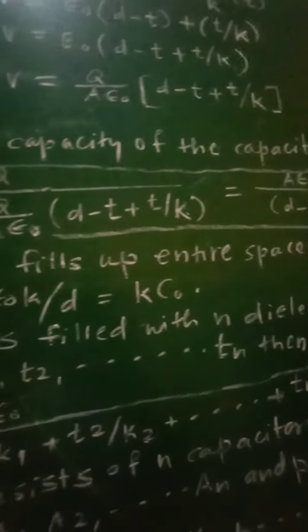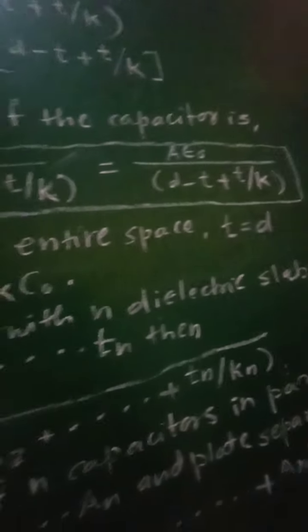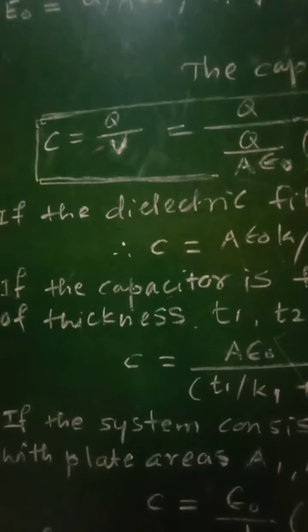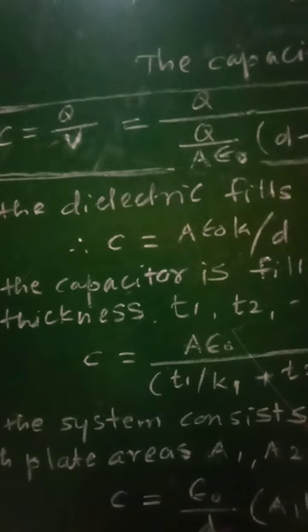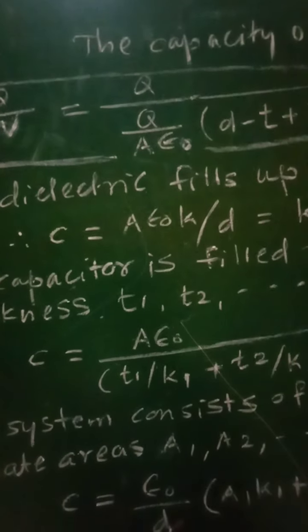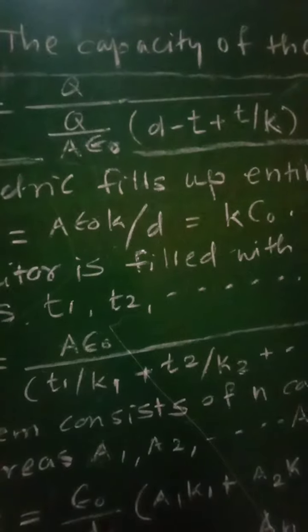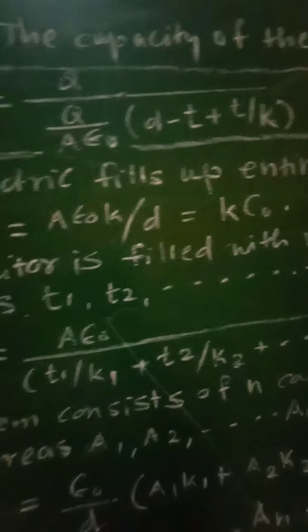Now the capacity of the parallel plate capacitor will be given as C is equal to Q by phi. That will be equal to Q upon A epsilon 0 into d minus t plus t by k.